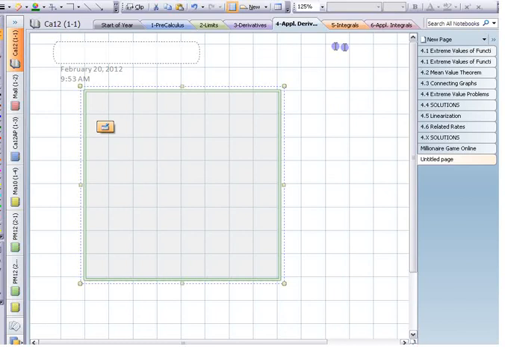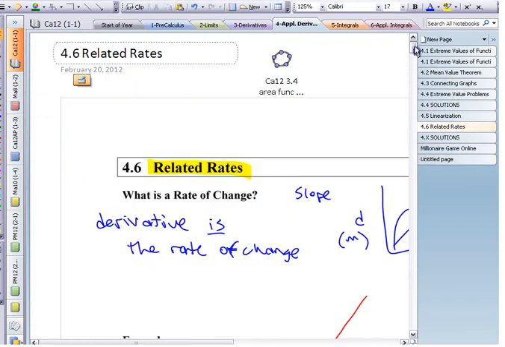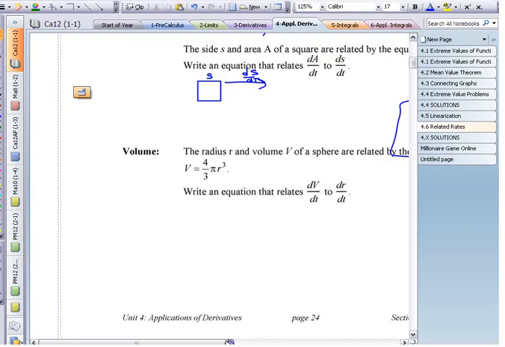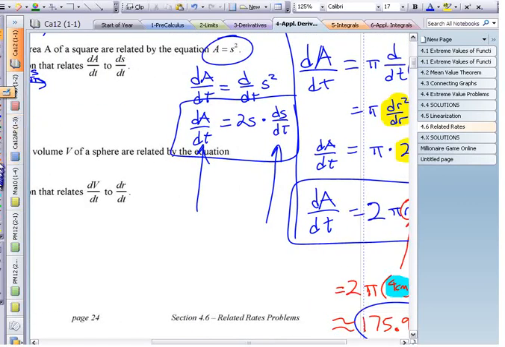So that's what that formula tells us, right? That formula tells us that the rate of change of area is related to the rate of change of side length and the actual side length at any given moment. All right?